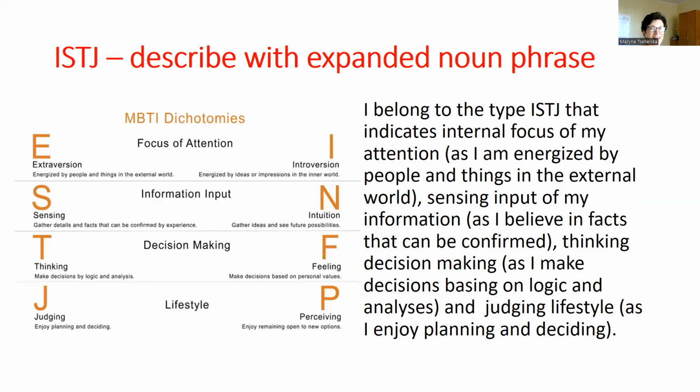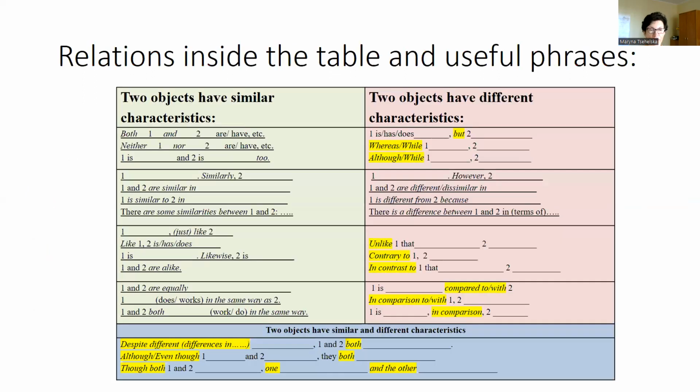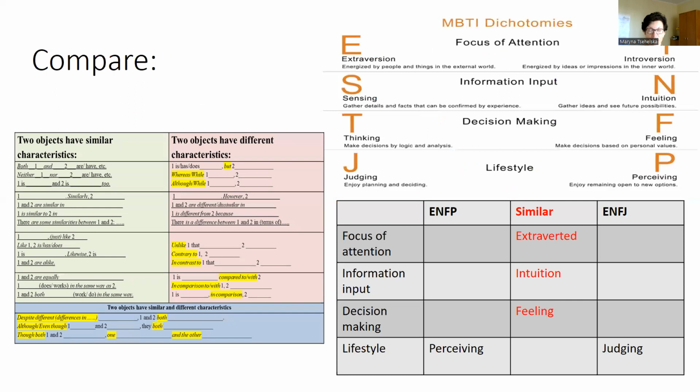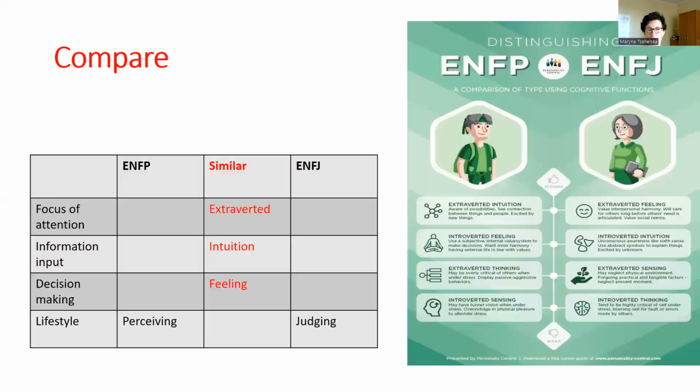We described each category with the expanded noun phrase, and that was our main idea here. We learned about comparing and contrasting two things, objects, or ideas. For this, again, we used the table, and using this table, we defined what the relations are, and we were able to compare two types.